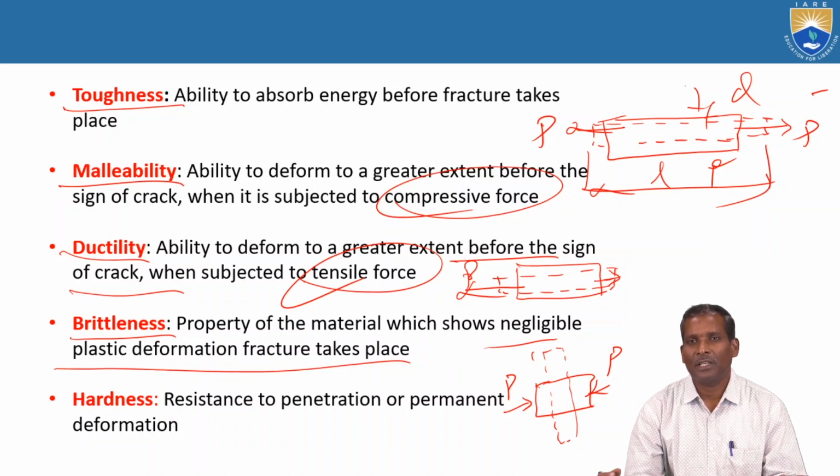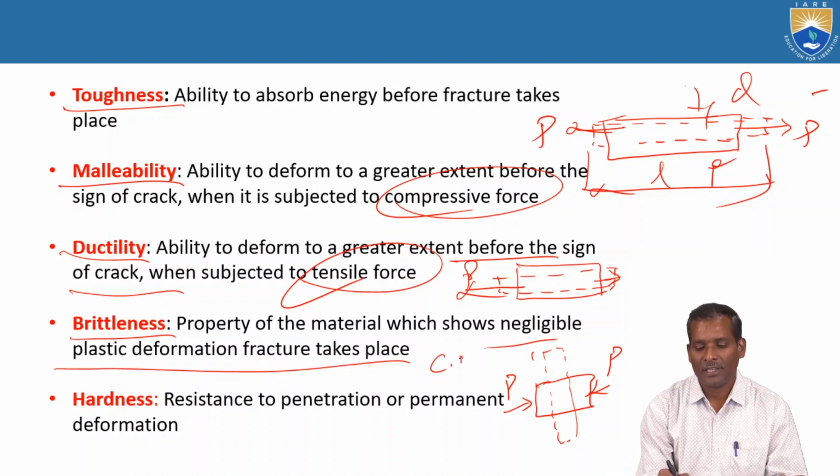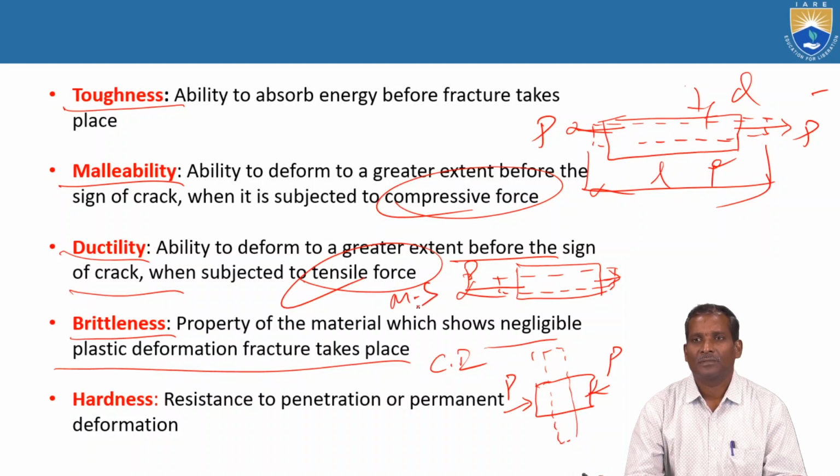For brittleness, the example is cast iron; for ductility, mild steel. When a component is subjected to any load, tensile or compressive or impact load, what will happen? Suddenly the component will fail. It breaks like this due to the brittleness property.